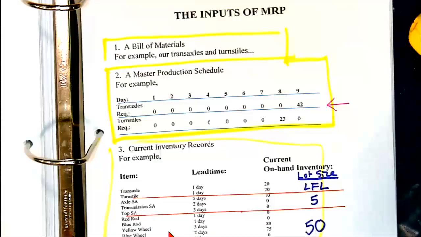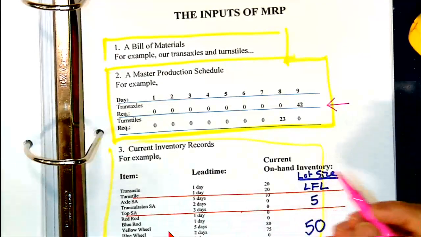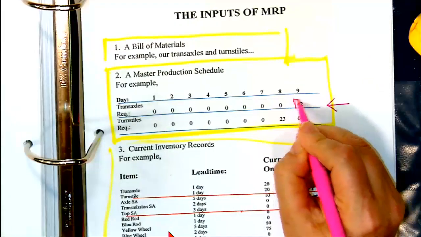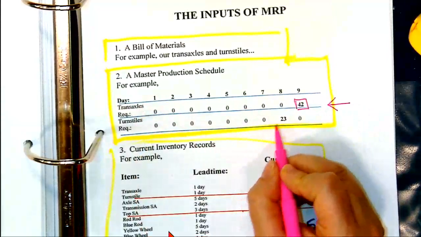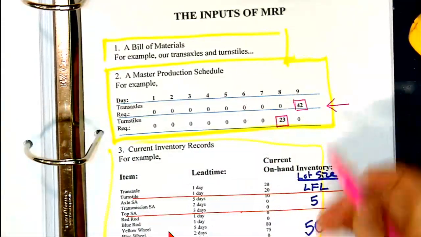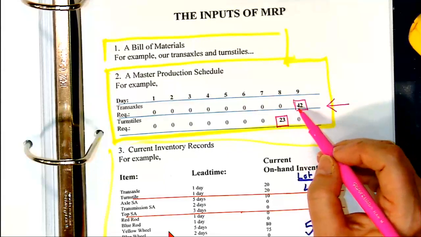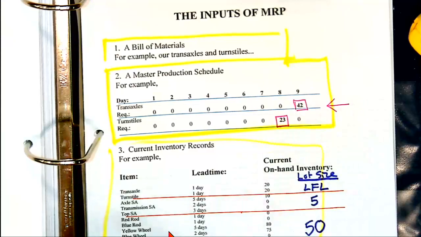Because we said one of the inputs is the master production schedule, right? And there's not a lot of them. There's just a 42 for the transaxles and a 23 on the 8th day for the turnstiles. This would be what we want to ship, right? This is what we actually need to produce, and this is how we get started on the rest.